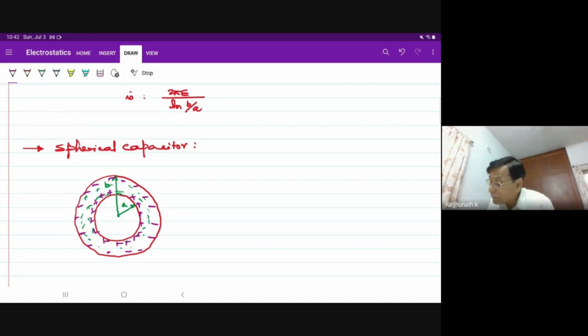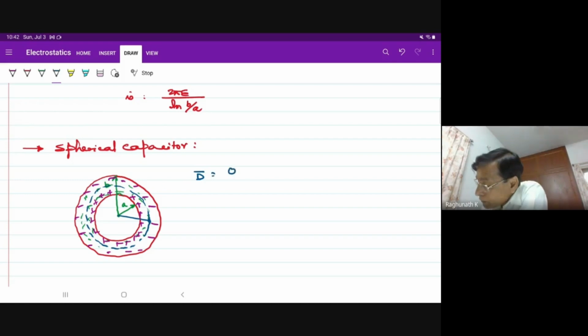So to determine the field at any distance r from the center, we need to draw a spherical surface which is everywhere perpendicular to the flux lines, because of which the flux density D bar is equal to Q by 4 pi r squared aR, because it is radial. 4 pi r squared is the surface area of the sphere of radius r.